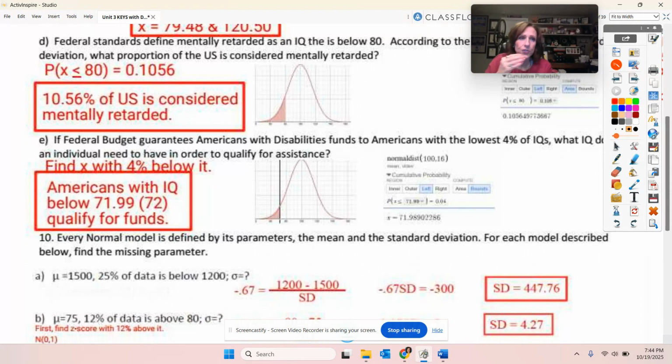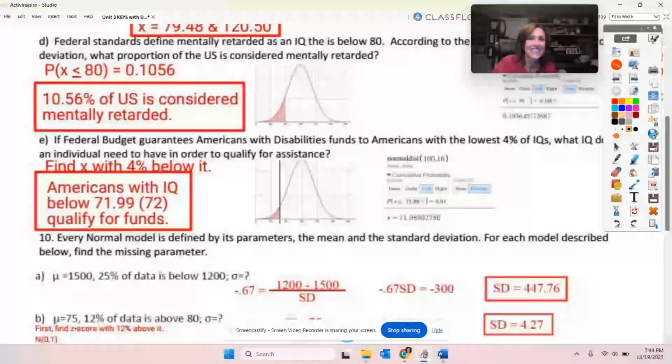This is interesting, and I was actually trying to look up to verify this information. It is true that they actually don't call it mentally retarded anymore. That's an outdated, antiquated term. It's now called intellectual disability.